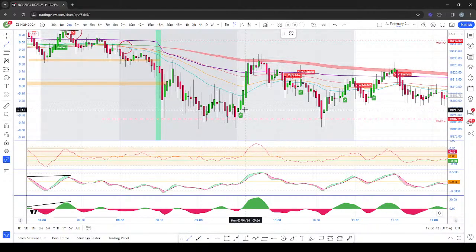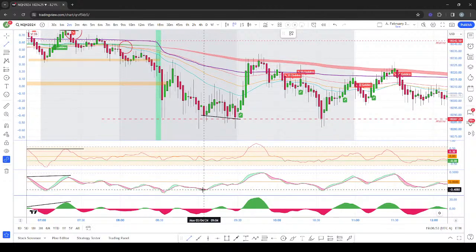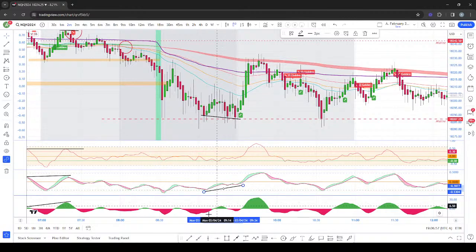So that's basically the best way to go about this, and you can clearly see that there is a nice bullish divergence right in here, and it's pretty prominent on the TSI and also right on the TTM squeeze right through here. So you can take this and gain some nice points in here.